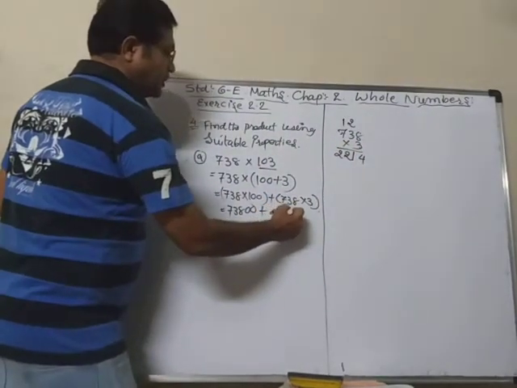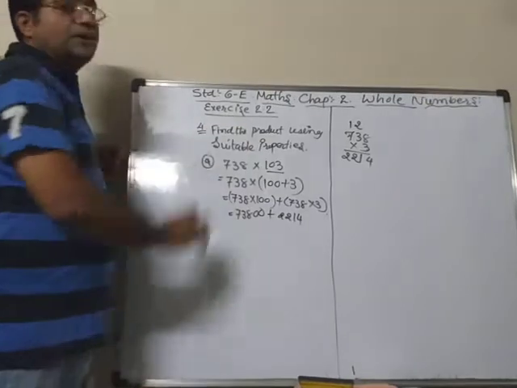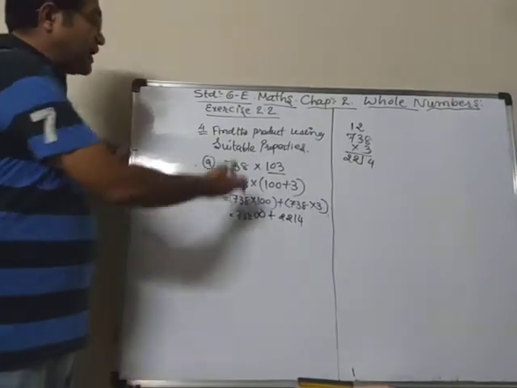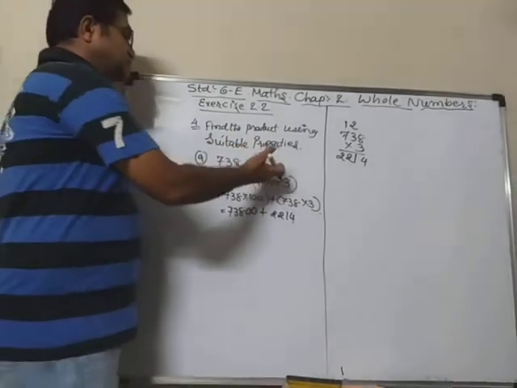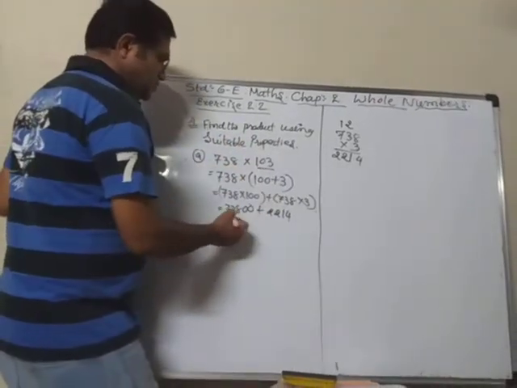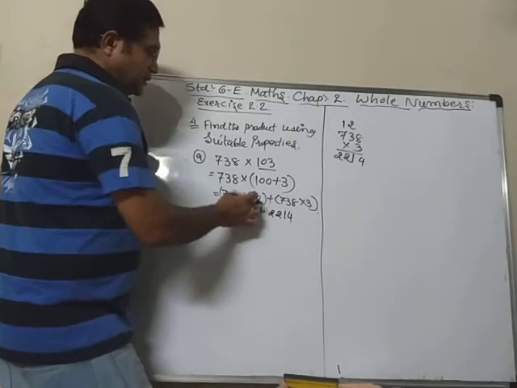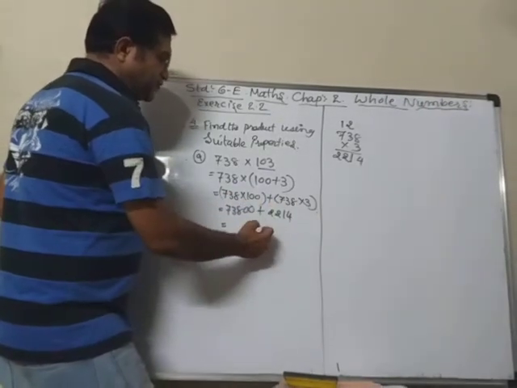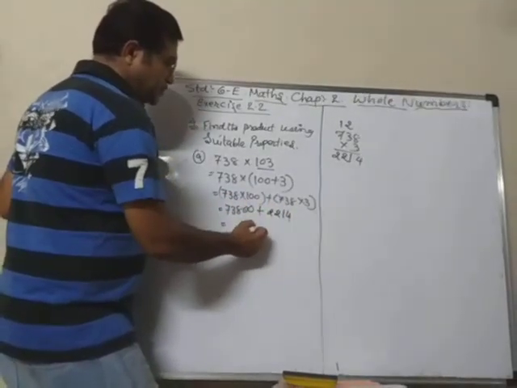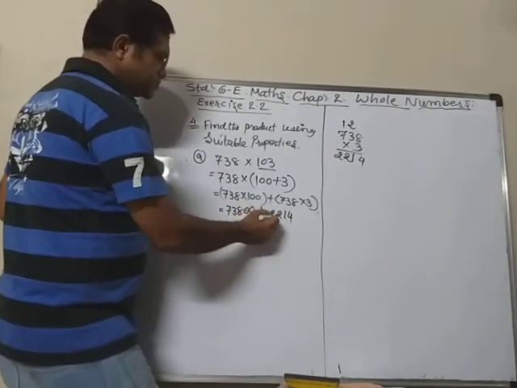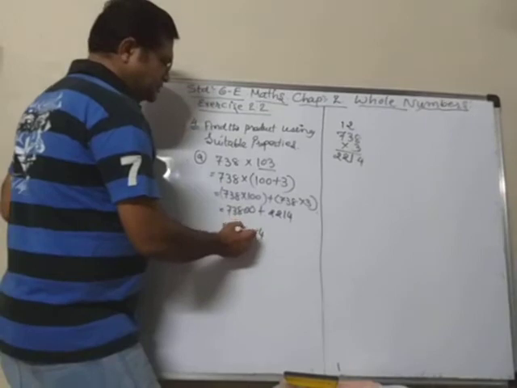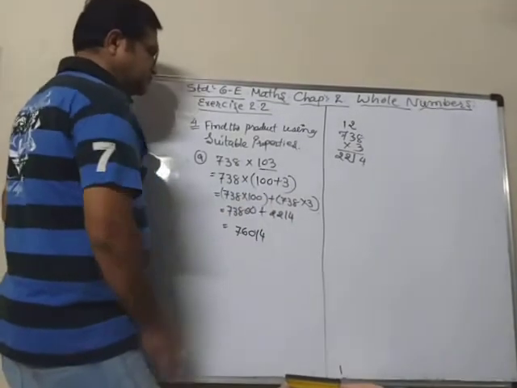Now just add those two numbers and your multiplication is easier. If you do it directly, you will take time and it is boring also. Now adding, 4 plus 0 is 4, 1 plus 0 is 1, 2 plus 8 is 10, carry 1, 3 plus 2, 5 plus 1, 6 and 7.